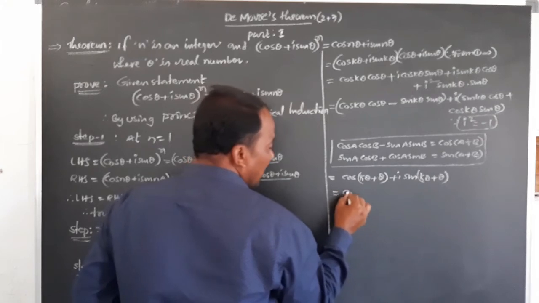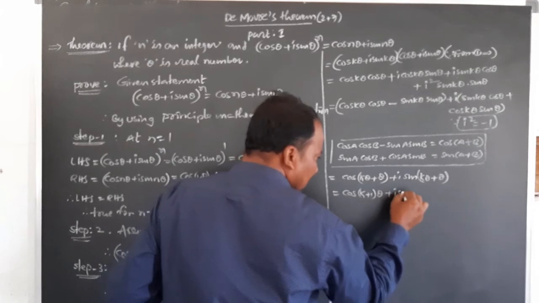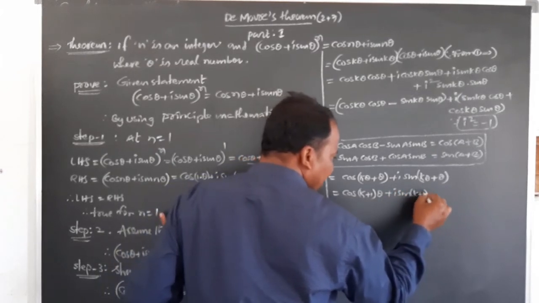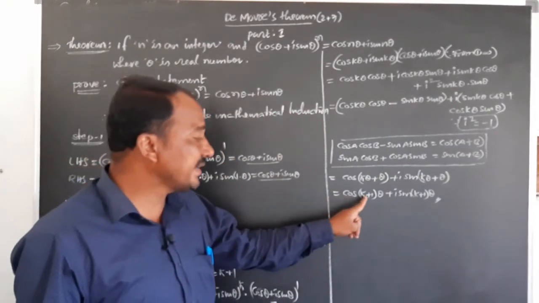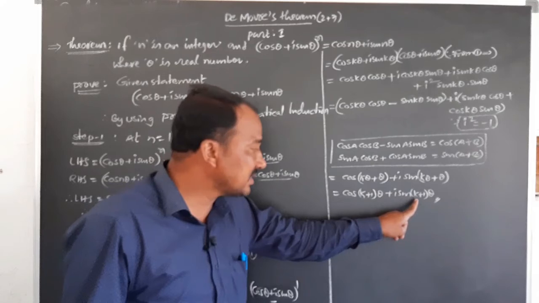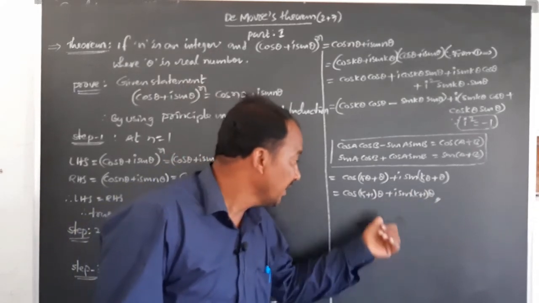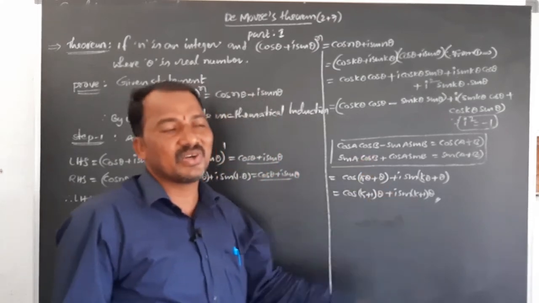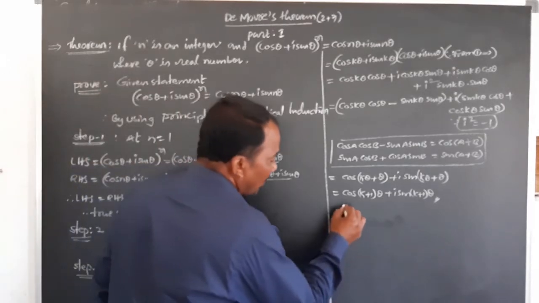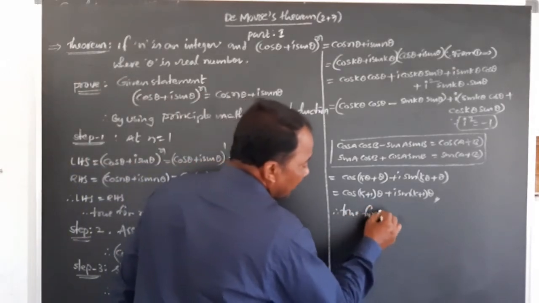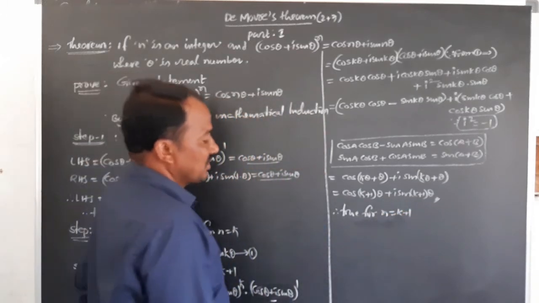So take the common theta: cos (k plus 1) theta plus i sin (k plus 1) theta, which is cos n theta plus i sin n theta. Here n equals k plus 1. Therefore, true for n equals k plus 1.